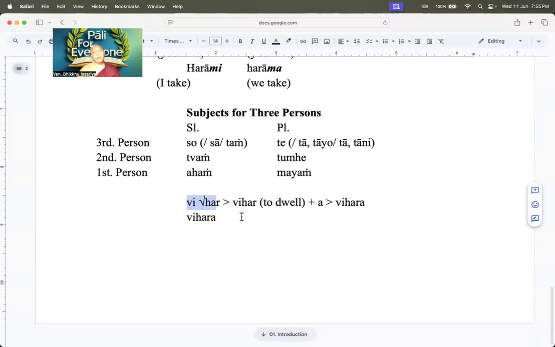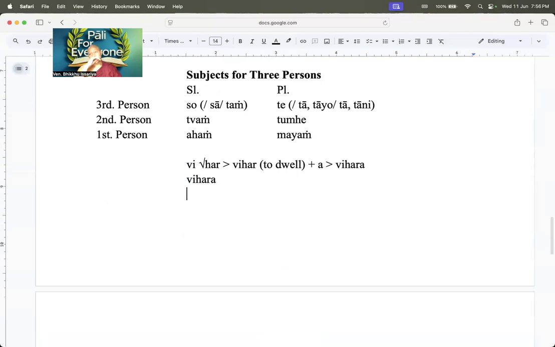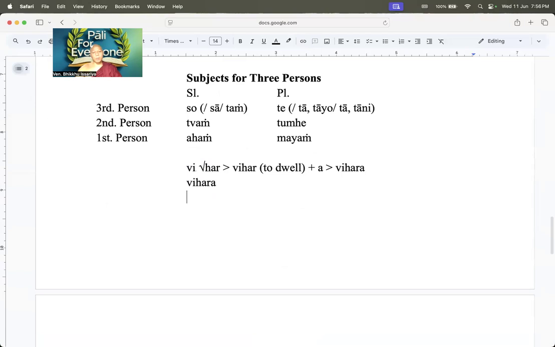But some roots, for example, at the very beginning I introduced the root gam. That root, as a root, is gam.